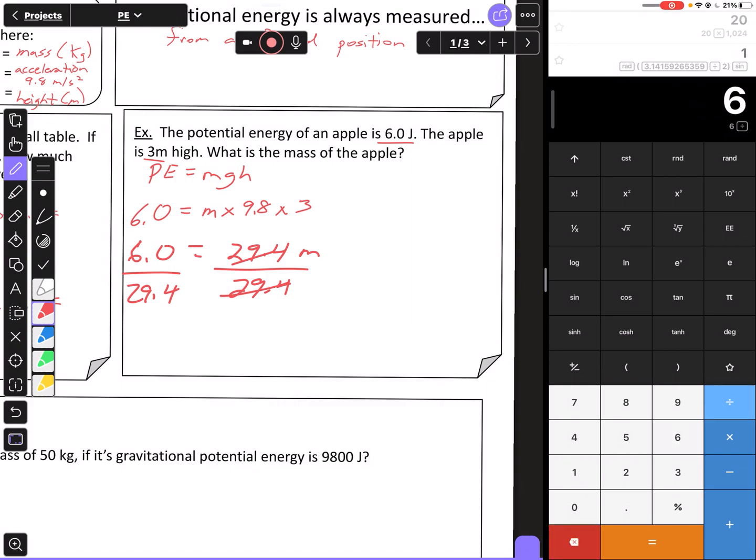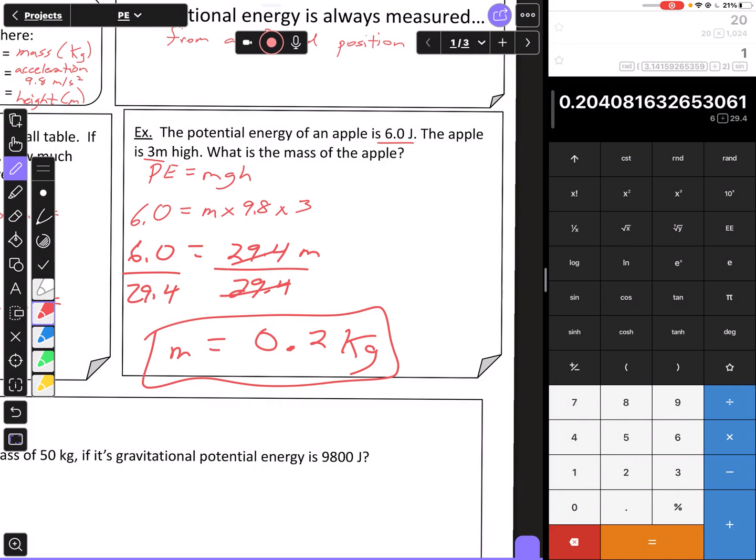So I take 6 divided by 29.4, and I get 0.20 or 0.2. My mass is 0.2 kilograms, with the units.